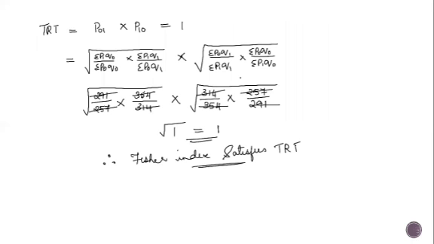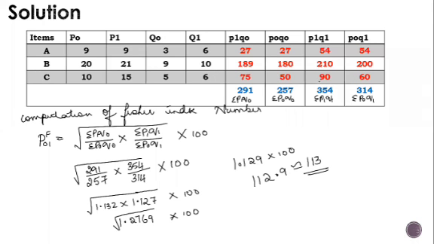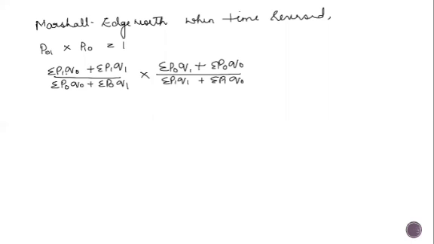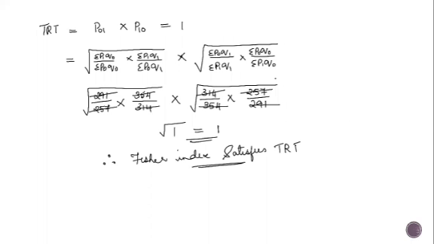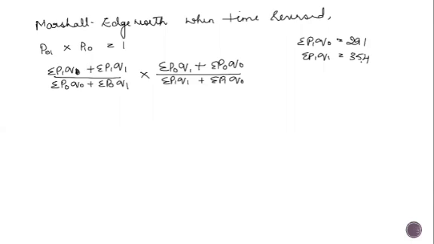Now we have to apply the same values. So summation P1 Q0, I'll write the values over here. Summation P1 Q0 is 291, and 354.